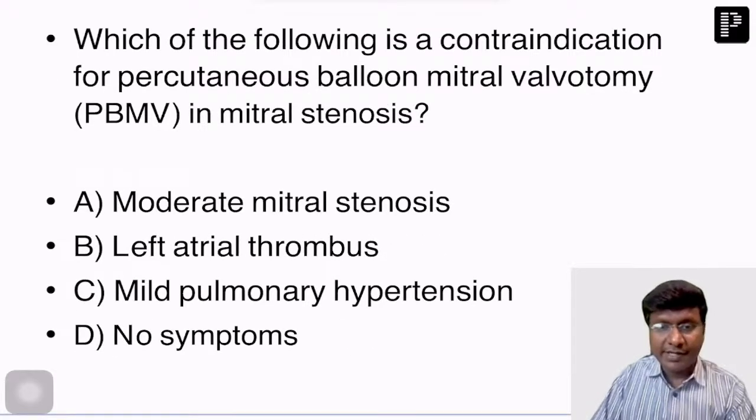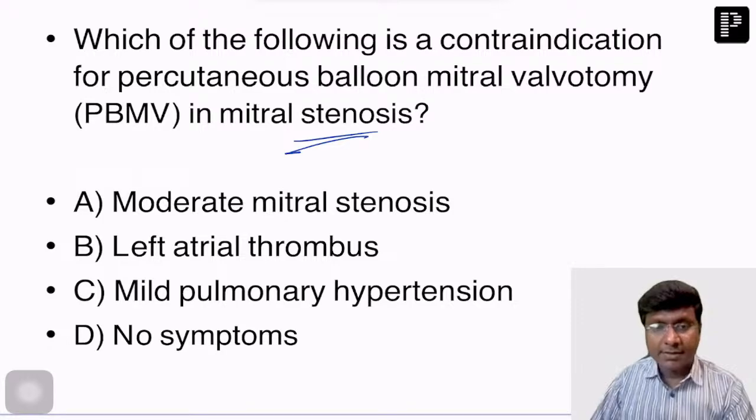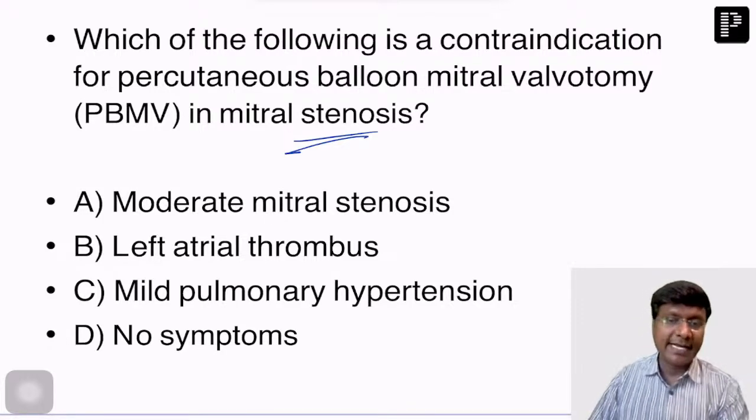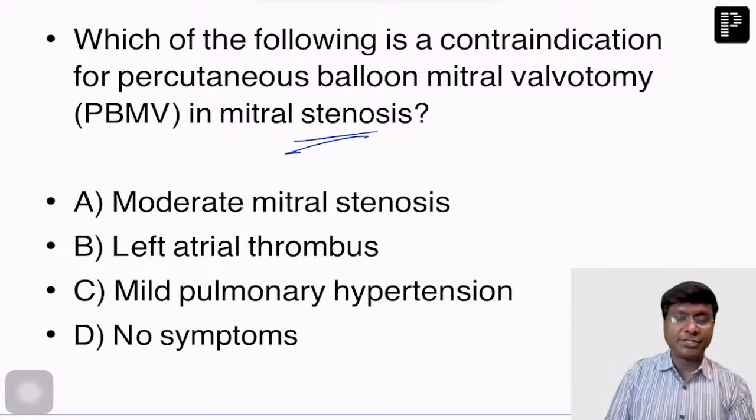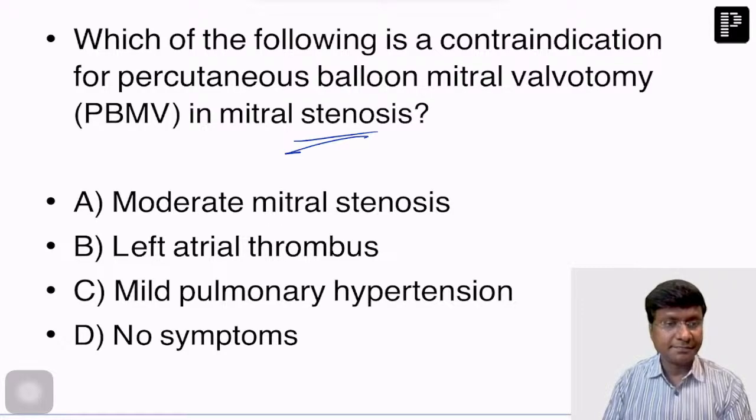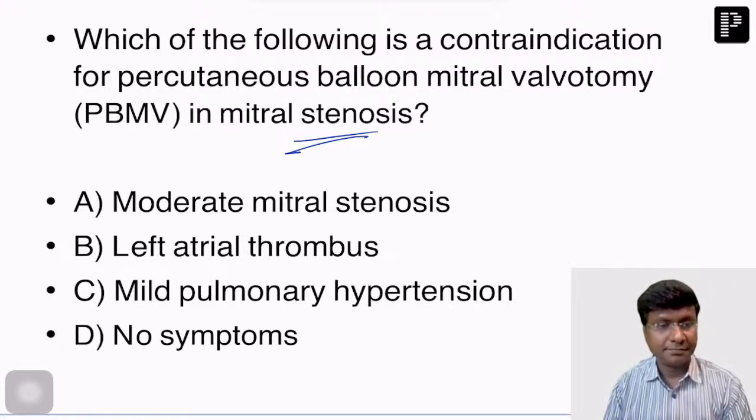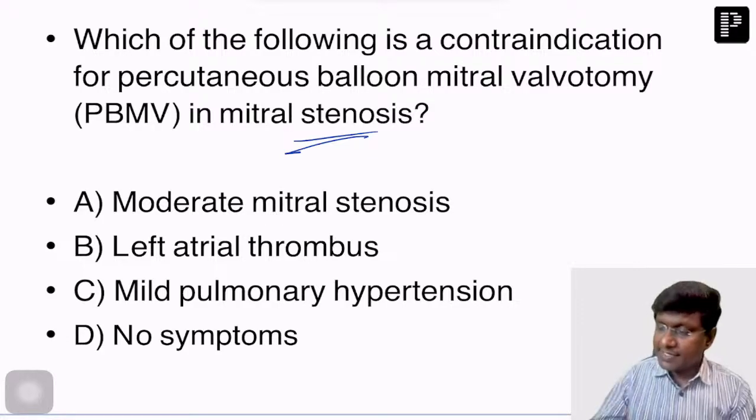Which of the following is the contraindication for PBMV: moderate mitral stenosis, LA thrombus, mild pulmonary hypertension, asymptomatic individual. Right, that is LA thrombus.